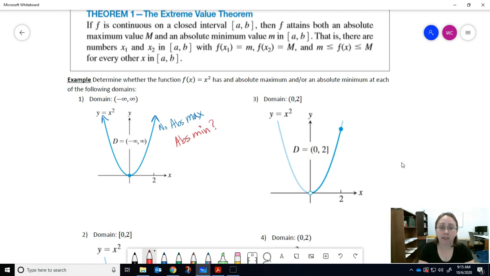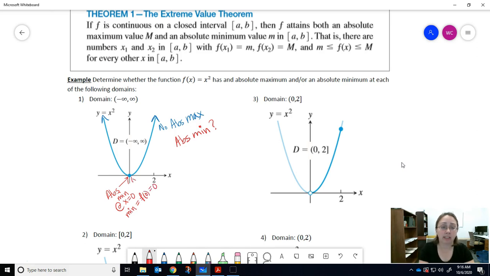Well, an absolute min, by definition, is the smallest function value that the function achieves. So in this case, the lowest point is our absolute min. Now be careful, the absolute min happens at x equals 0, and it also has the min value of the function value at 0, which is 0.